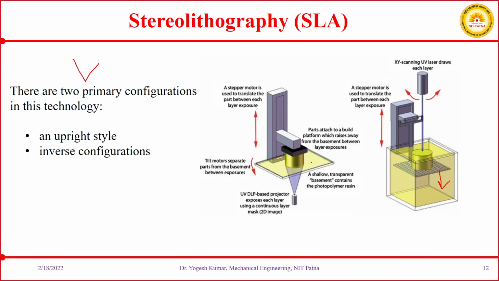In this case we have to raise the build platform in the upward direction, but in the other case we lower the build platform in the downward direction. So there are two kinds of arrangement: one is called upright style and another is called inverse configuration. Okay, so this is for today.